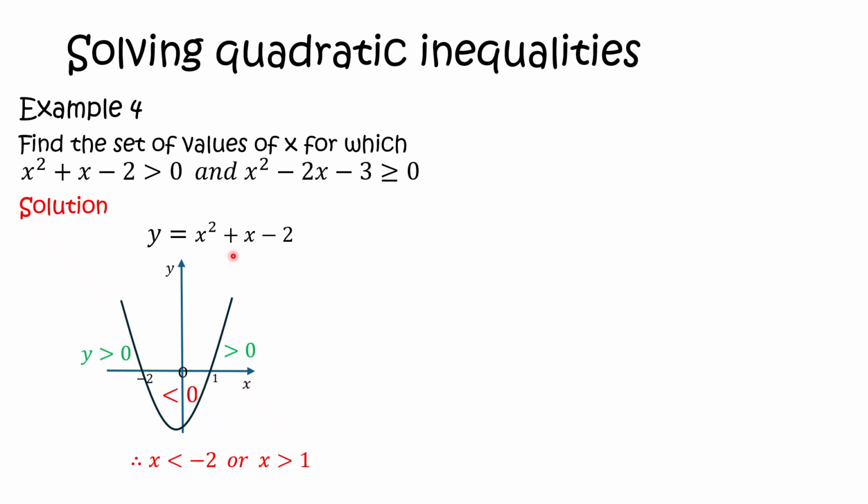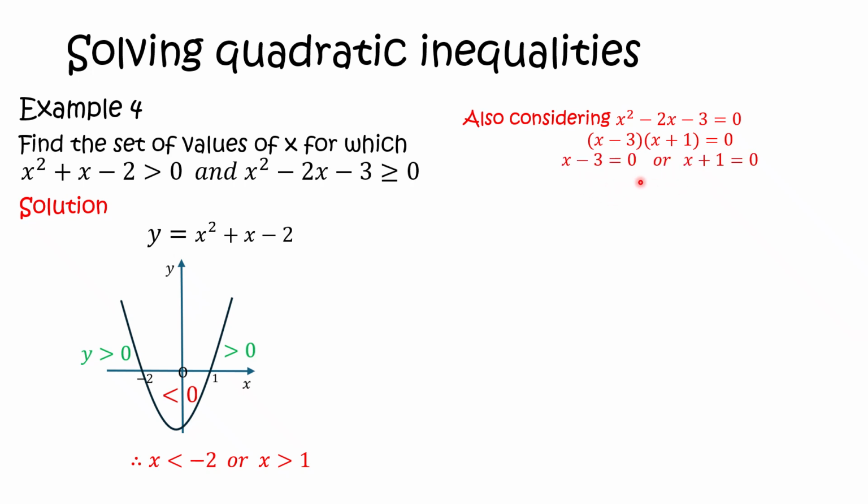We also consider the second inequality, x squared minus 2x minus 3. Now we set that to 0, so that when we factorize, we get x minus 3 times x plus 1 is equal to 0, implying that x minus 3 is equal to 0 or x plus 1 is equal to 0. That would then imply that x is equal to 3 or x is equal to minus 1.